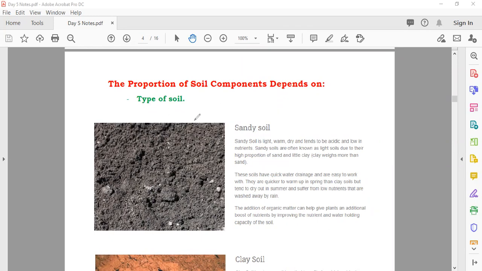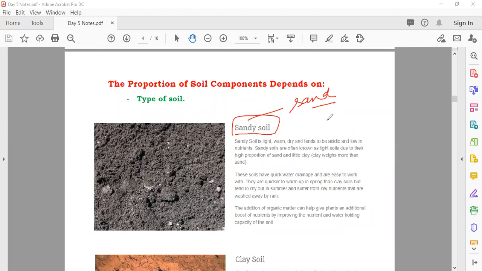For example, first of all they have sandy soil. From the name, the first thing that comes to your mind is sand. Sandy soil is light, warm, dry, and tends to be acidic and low in nutrients.